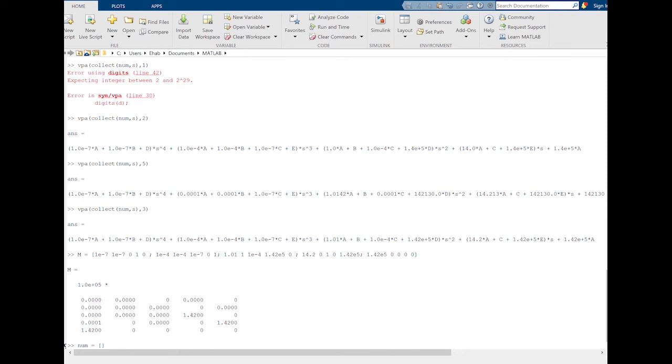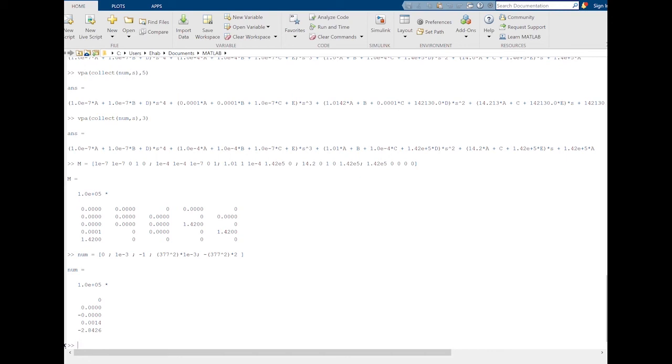There is no S to the fourth in the numerator, so it's going to start with 0, and then the next is the S cubed coefficient, which is going to be 1E minus 3, 10 to the power minus 3, and then the S squared coefficient is going to be minus 1, and then the S coefficient is going to be 377 squared times 1E minus 3, and then the final one is going to be 377 squared times 2. 377 squared minus 377 squared times 2. So this is the numerator.